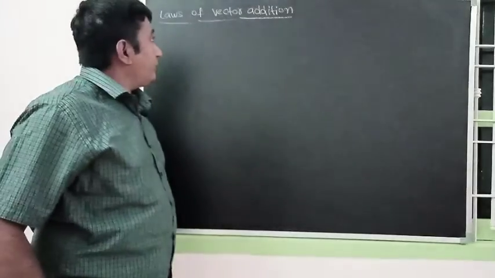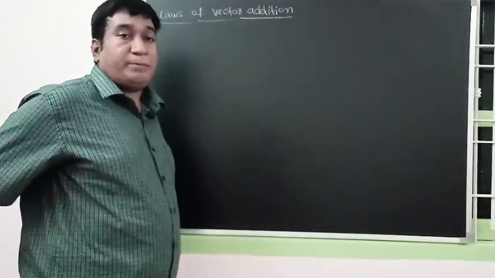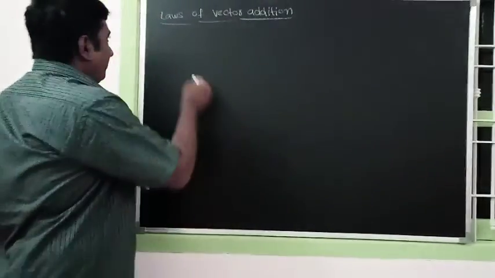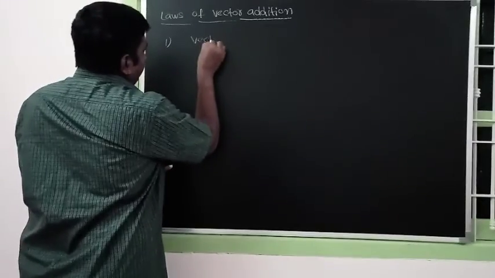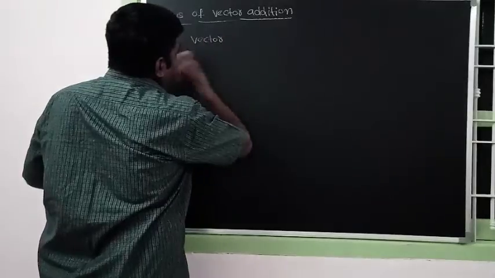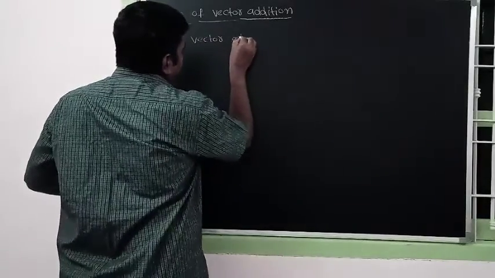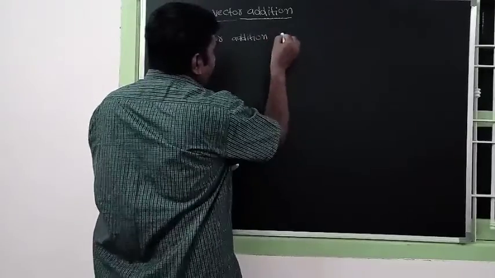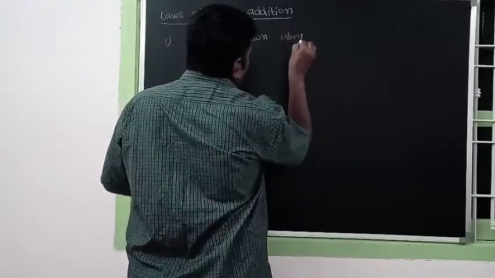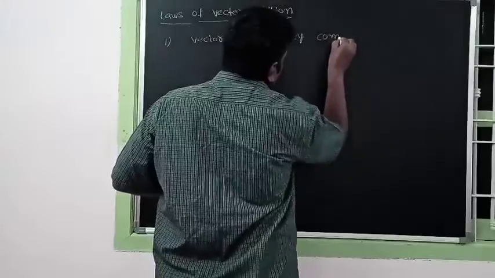So next, vector additions obey some laws. Apart from this, vector addition obeys the commutative law.